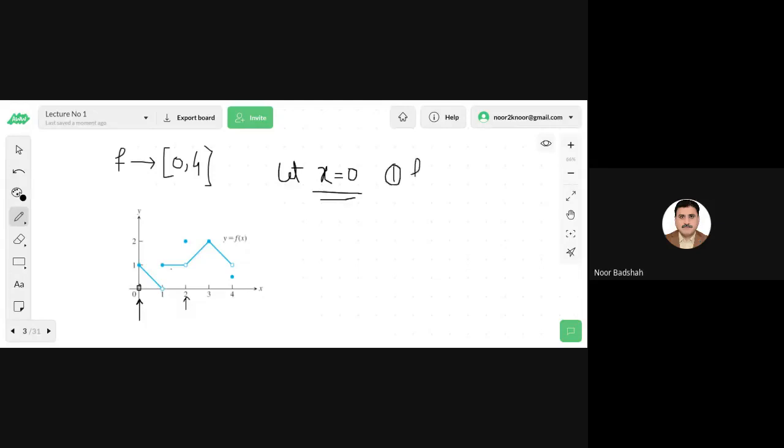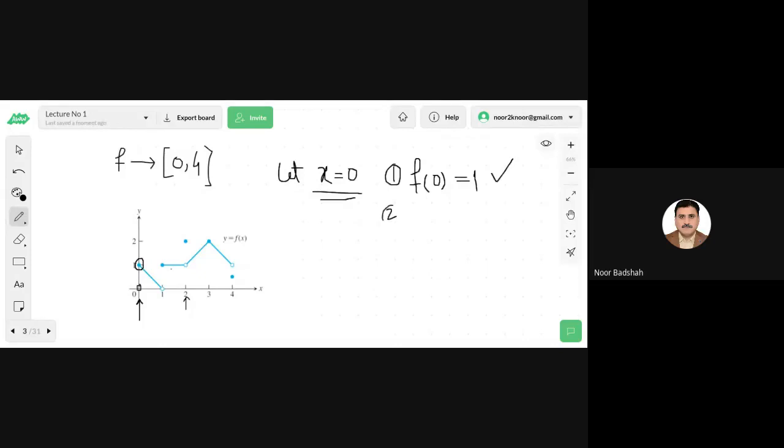So f of 0 is what? In this case, you see, it is defined there. This is f of 0. So f of 0 is 1. So I will simply place a tick mark, means yes, it is defined and exists.